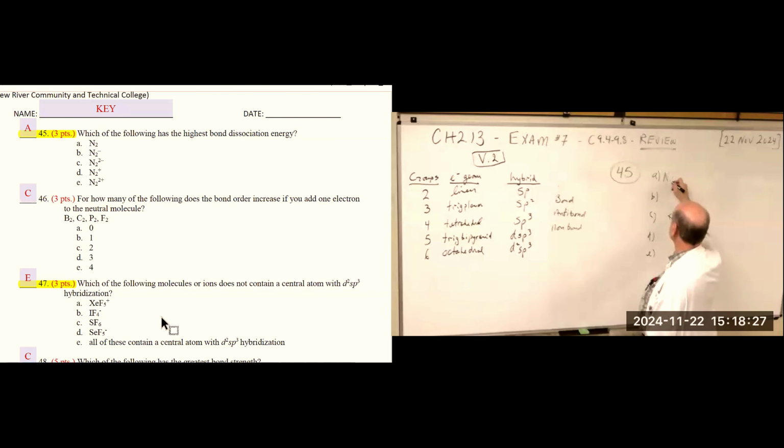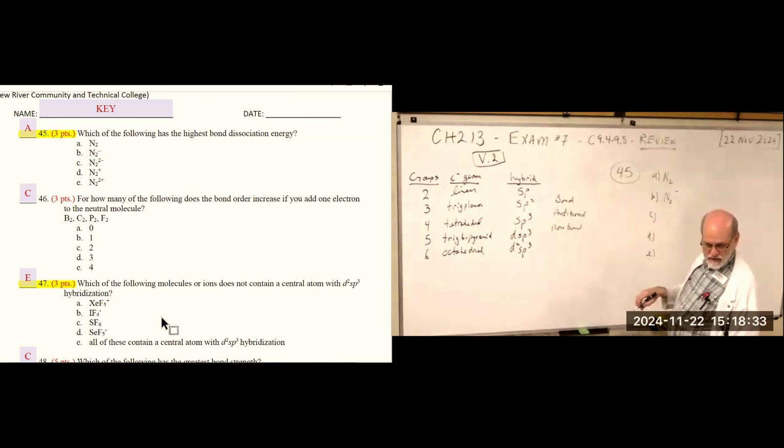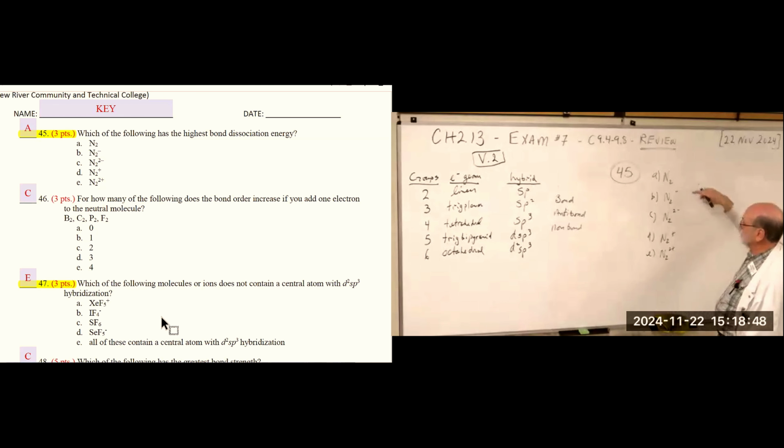First one is the neutral dinitrogen. The next one is N2 minus, then N2 2 minus, then N2 plus, and N2 2 plus. So let's start with this one. Dinitrogen has mixing. So we're going to start with the valence.